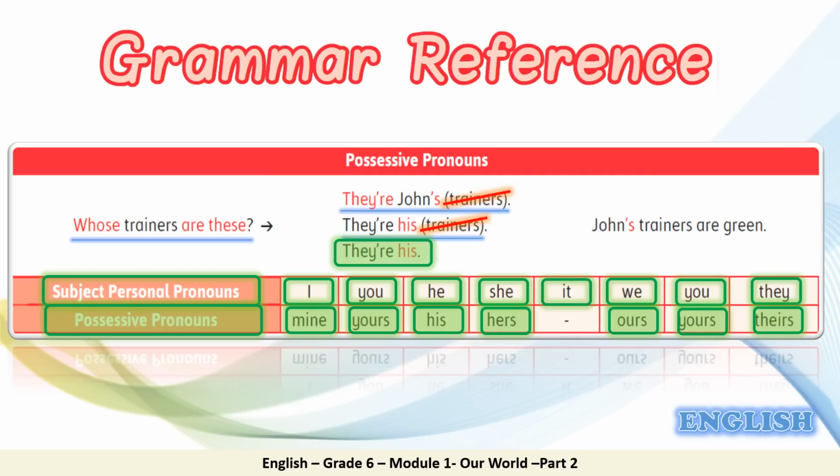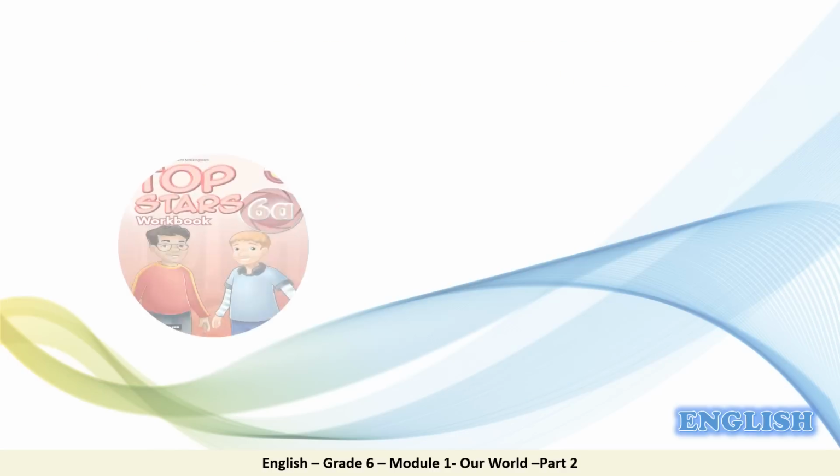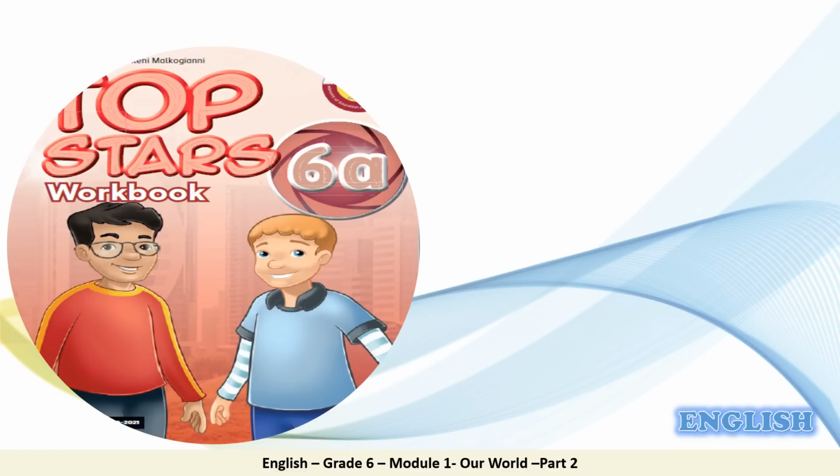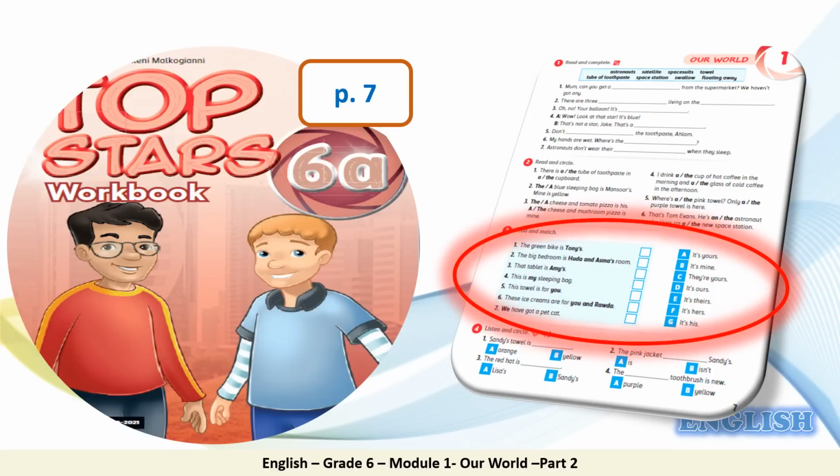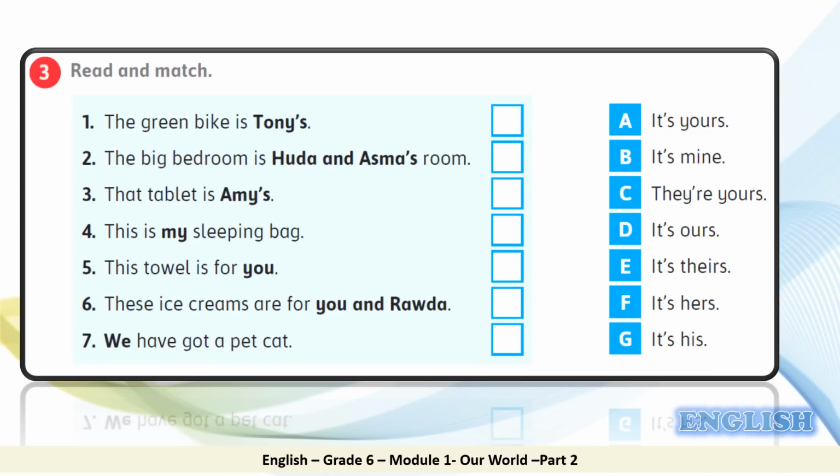Now it's time to go to the assessment. Open your workbook, page 7, especially exercise 3. Read and match. In this exercise, you need to match each of the 7 sentences on the left to its equivalent on the right.